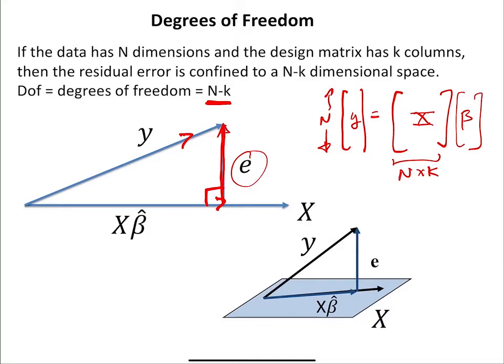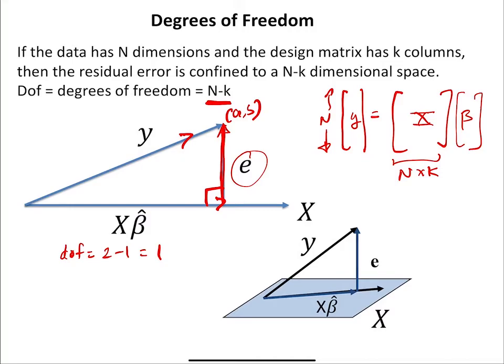So in this case, the degrees of freedom is 2 minus 1 equals 1. Okay? Because y could be any two numbers, a comma b, but E can't be any vector. It has to lie on that line. Okay? So once we've defined our model, we've taken away degrees of freedom for what that error term could be. So that's what degrees of freedom means when you're looking at statistics.